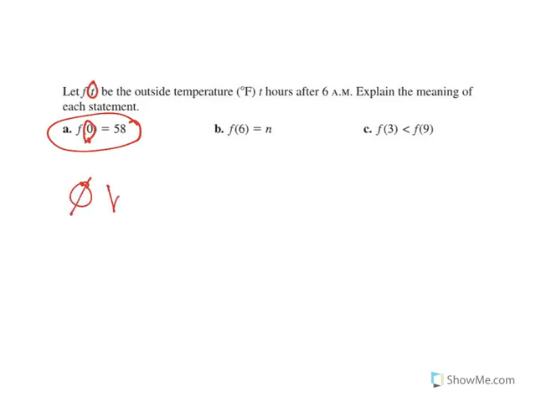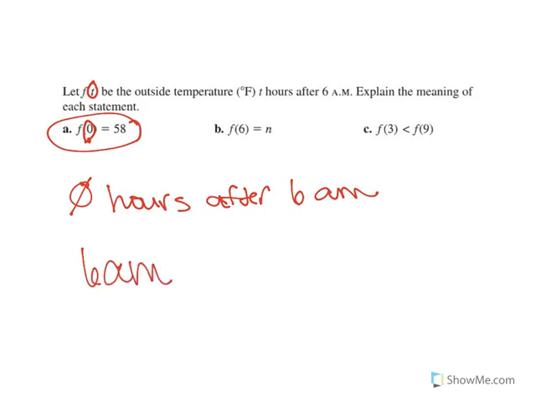So that means 0 hours after 6 a.m., which would be 6 a.m. So at 6 a.m., it's 58 degrees outside. That's what it's asking. What does this mean? Well, it means that at 6 a.m., because that's 0 hours after 6 a.m., it's 58 degrees.